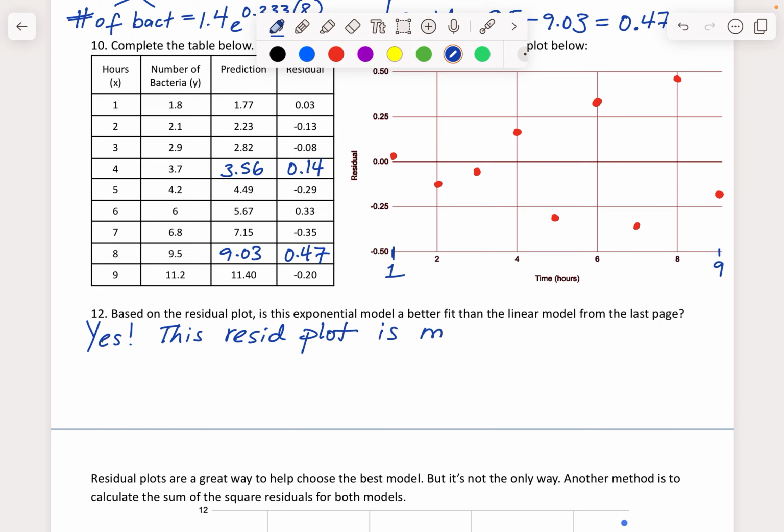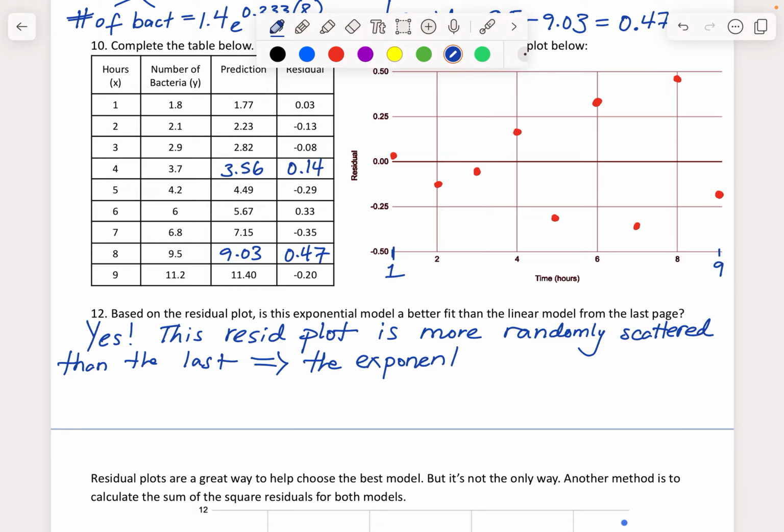So we're just going to say, yes, this residual plot is more randomly scattered than the last. Therefore, the exponential model is a better fit than the linear model.